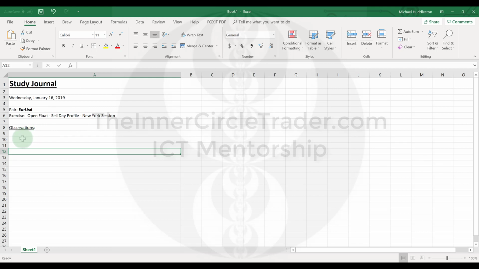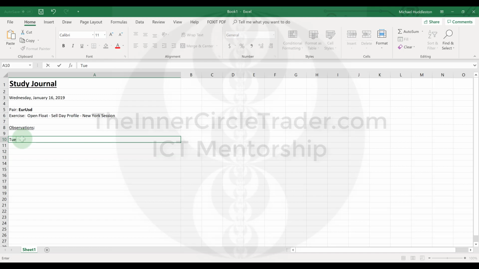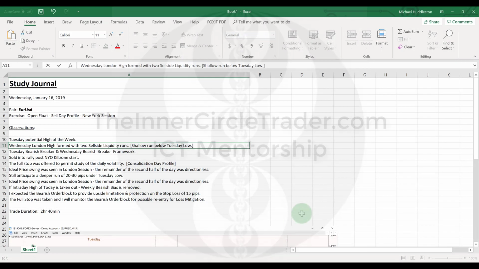My observations were Tuesday, and I'll put the observations in real quick, and I'll save you the time of me typing it out. Alright, so you can see the notations.